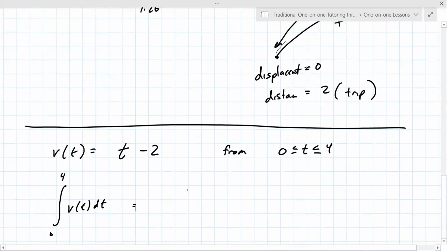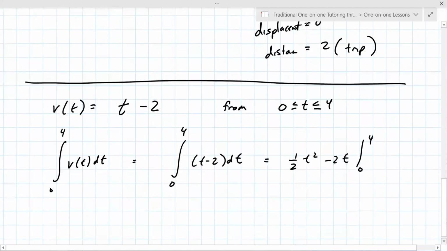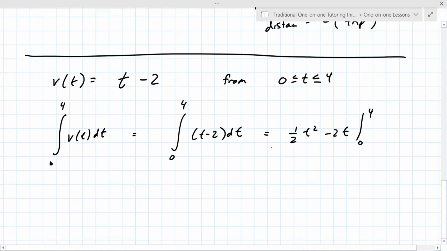So let's do this. It's the integral from 0 to 4 of t minus 2 dt. So this equals 1/2 t squared minus 2t evaluated from 0 to 4. That's just taking your antiderivative. So it's 1/2 of 4 squared minus 2 times 4, minus 0, which is 8 minus 8, which is 0.